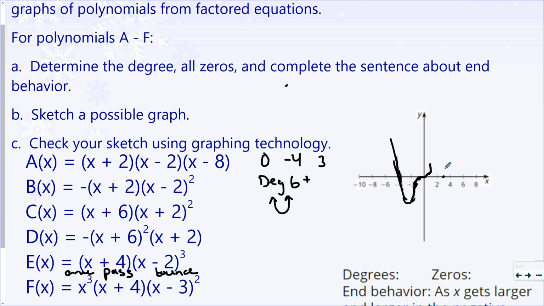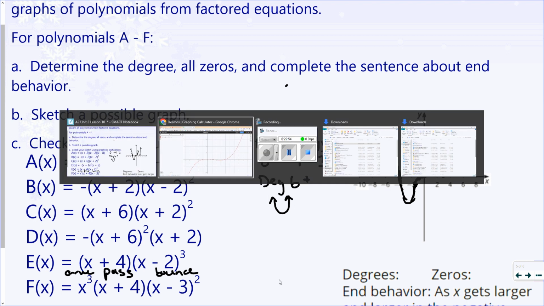So it has to come back down and bounce off of 3 before continuing back up again. So you're going to have a function that's got kind of a funky little wave to it. Let's see what that looks like on a graph.